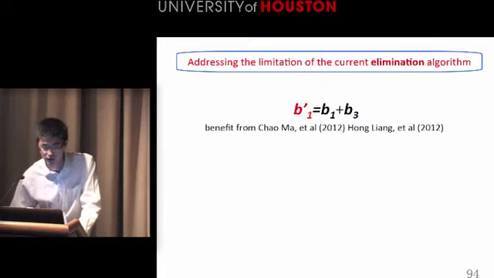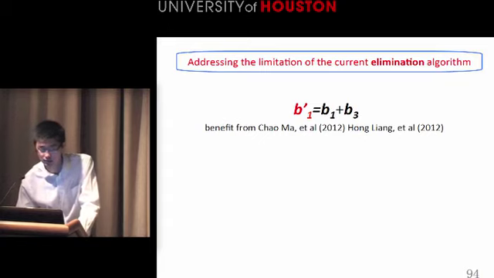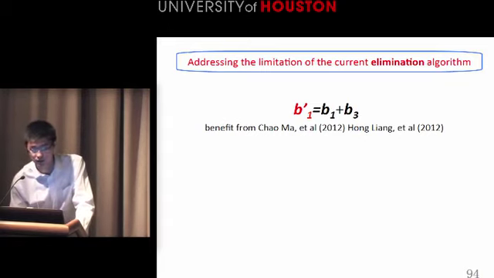And this strategy benefits from Chao et al. 2012 and Hongliang et al. 2012. The basic strategy is, because the internal multiples in the data will diminish the capability of an elimination algorithm, we first use the data plus B3, where B3 is the predicted internal multiple with opposite polarity.